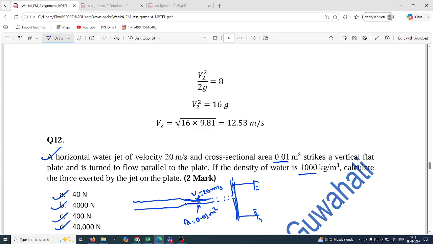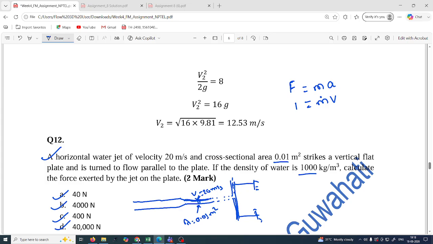Now, if the density of water is 1000 kg per meter cube, calculate the force exerted by the jet on the plate. So what will be the force? Force is nothing but mass into acceleration, but here you need to write it in terms of mass per unit time into velocity.